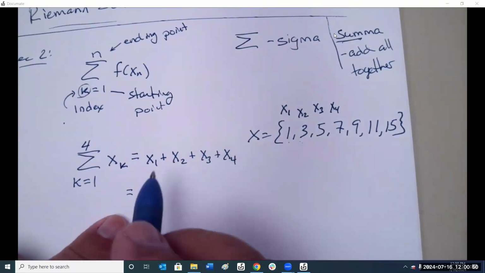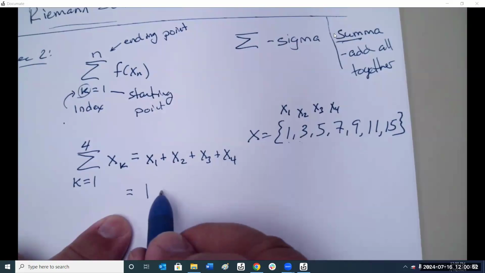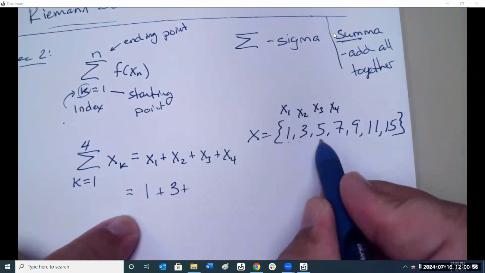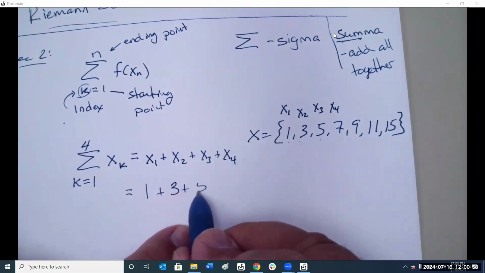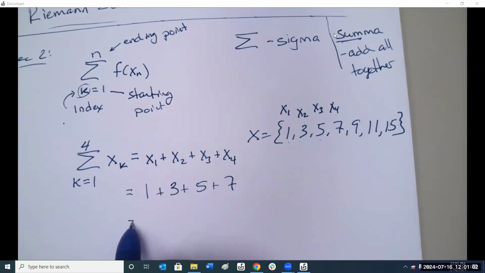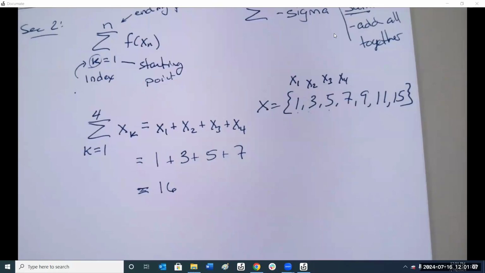So my X sub 1 in my data set is 1, X sub 2 is 3, X sub 3 is 5, and X sub 4 is 7. Add them up, I get 16. That's all the summation symbol's about.